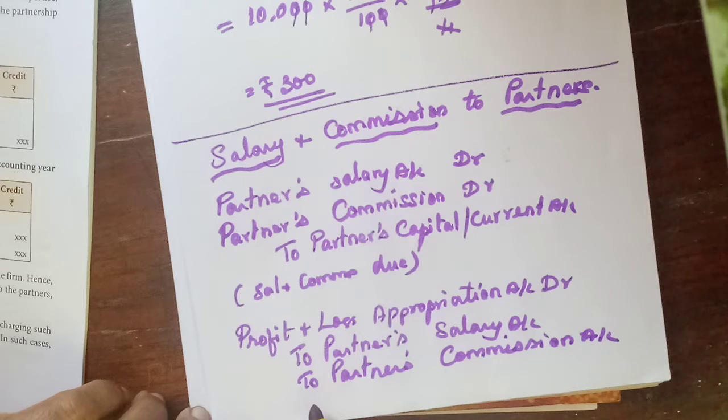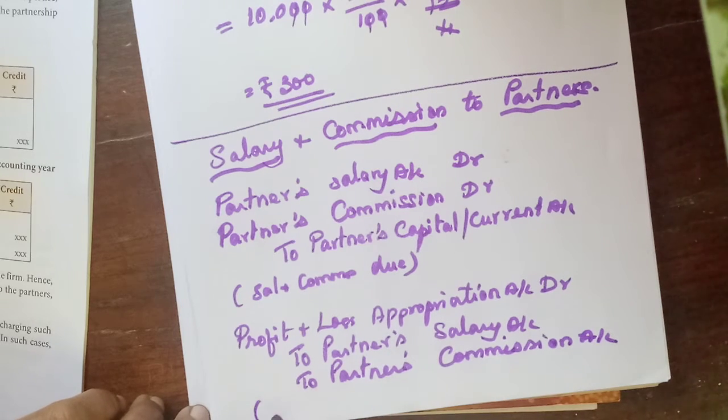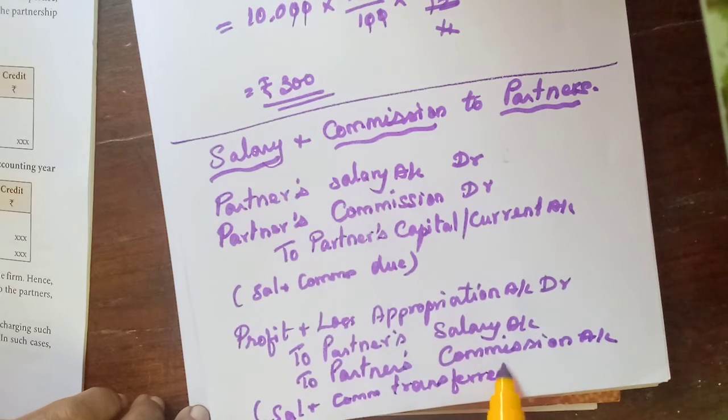Narration: salary and commission transferred to profit and loss appropriation account, or simply transferred you can write.